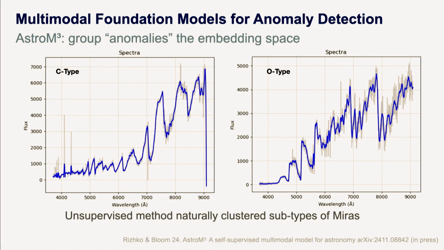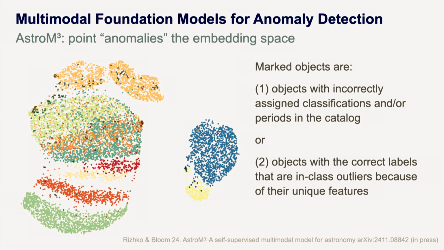But then upon inspection, we saw that those two different clusters very naturally, spectroscopically split up into two known subclusters of Miras. So this is a nice demonstration that in a very unsupervised way, and just visually going in, not even with clustering methods, we can start finding some really interesting new subclasses.